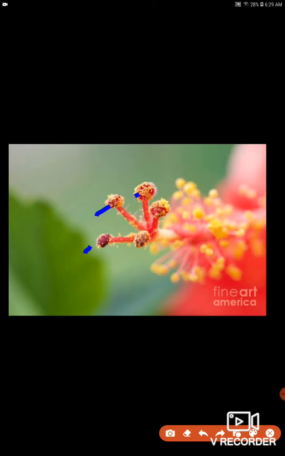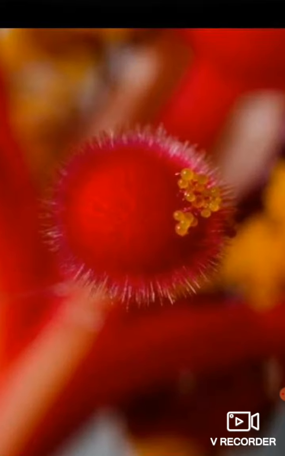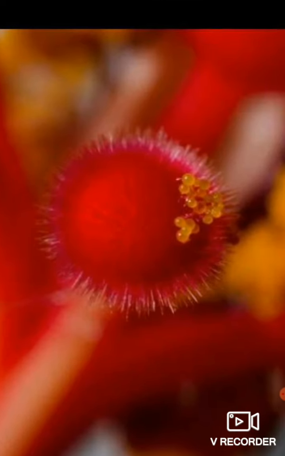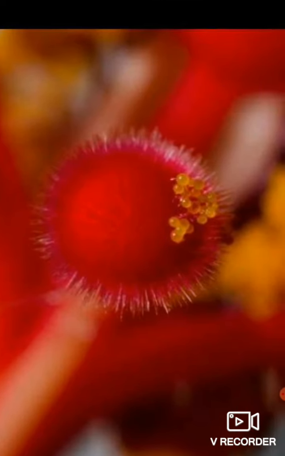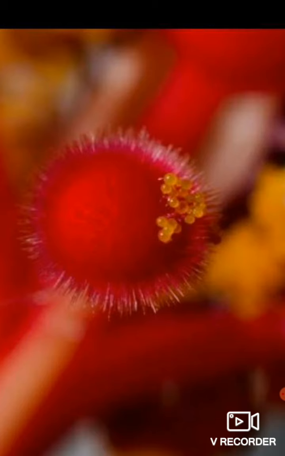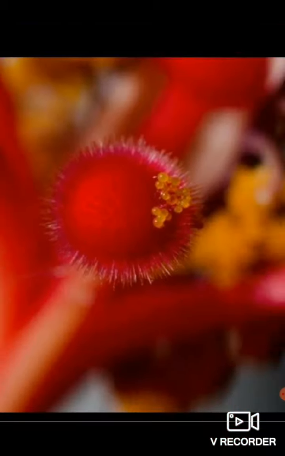So this is the example of syncarpous. See, this is the zoomed part, this stigma is feathery, and the yellow portion you can see is pollen grains. So they can trap the pollen grain in the feathery stigma.